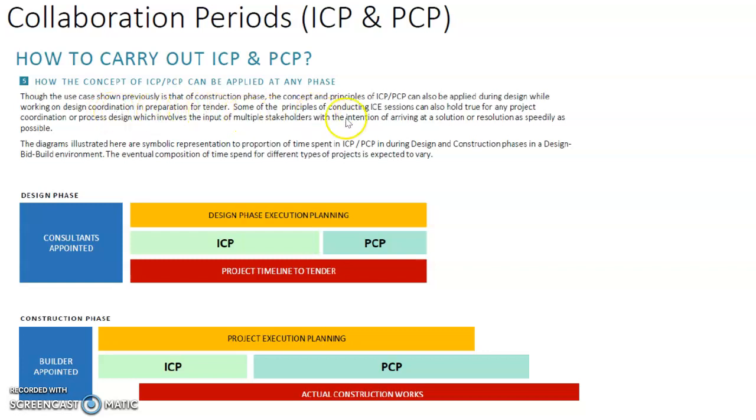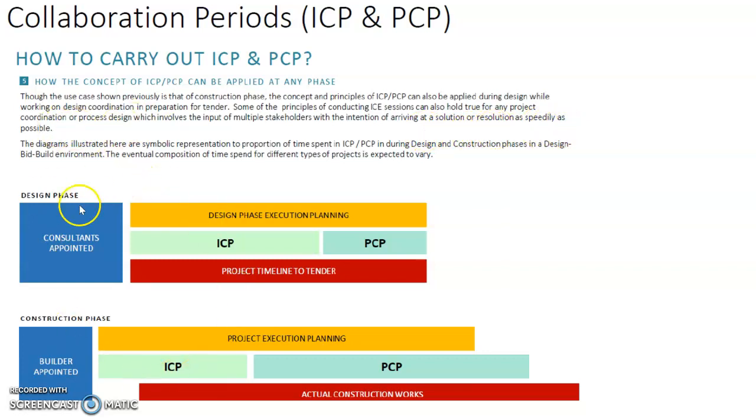Some of the principles of conducting the integrated concurrent engineering sessions can also hold true for any project coordination or process design, which involves the input of multiple stakeholders with the intention of arriving at a solution or resolution as speedily as possible.